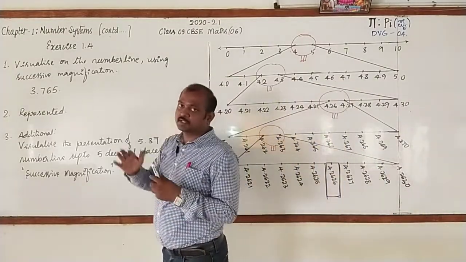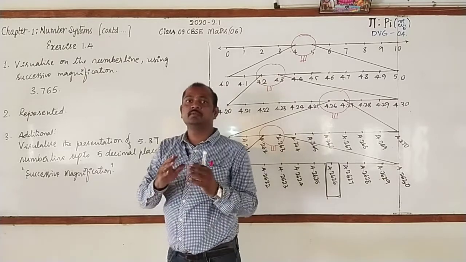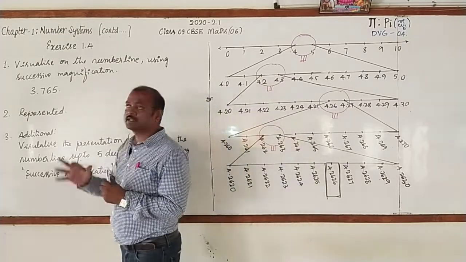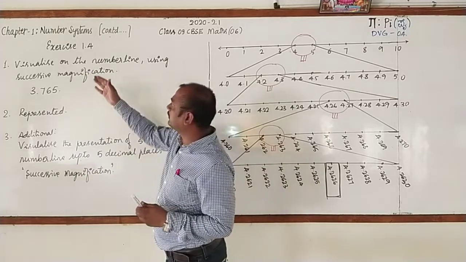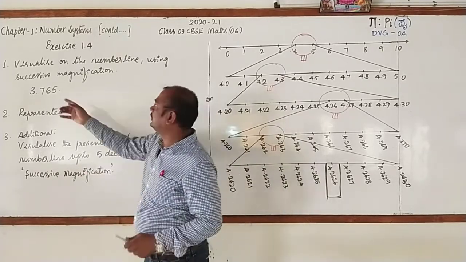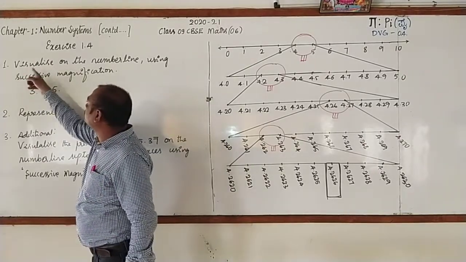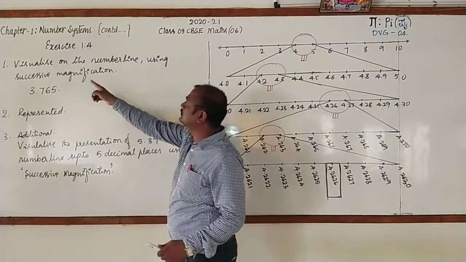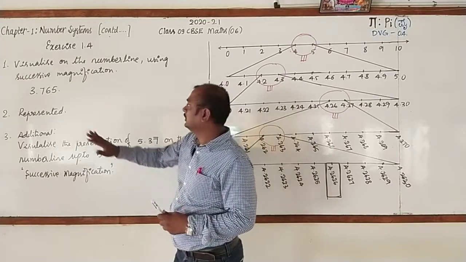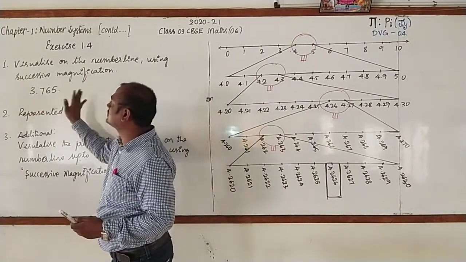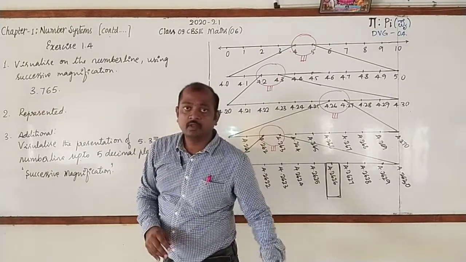Okay, dear students. Next, with respect to successive magnification only, we have 2 more problems in exercise 1.4. I have written both of them. See, the first question, just observe, don't go for writing now. Visualize on the number line using successive magnification. The number is 3.765.